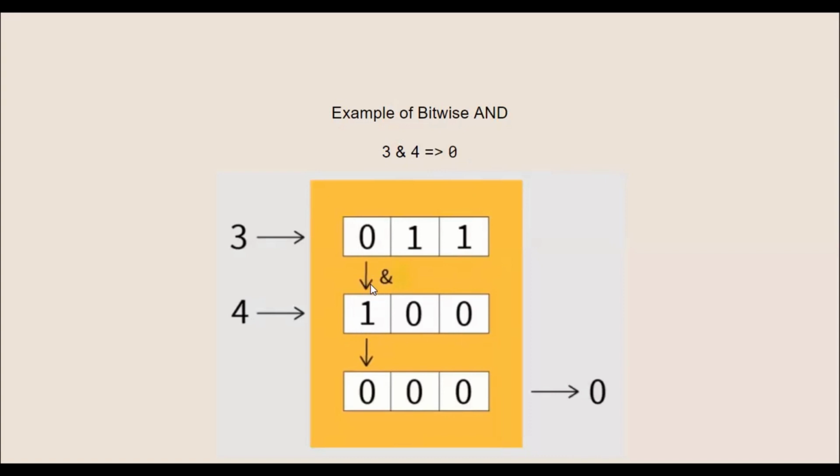When you perform the bitwise AND operation, 1 and 0 will result in 0, 1 and 0 will again result in 0, and 0 and 1 will also result in 0, because we have seen the truth table. If there were 1 and 1, then we would have got 1 in the resultant bit. But all bits are 0, so the final answer is 0.